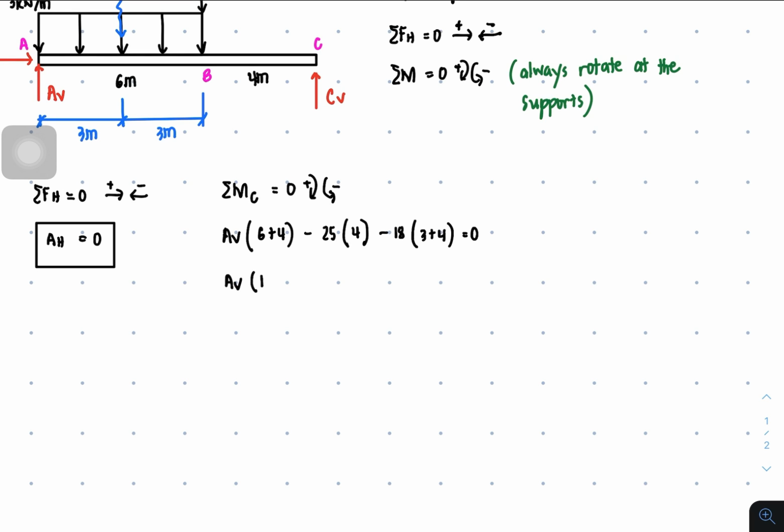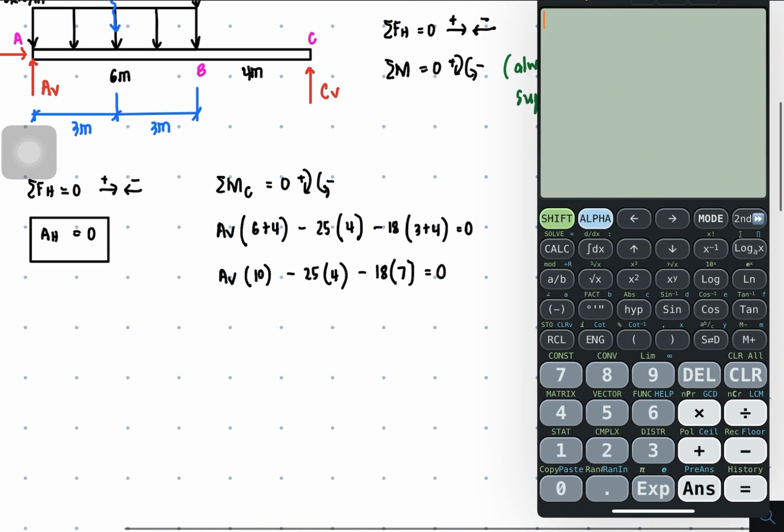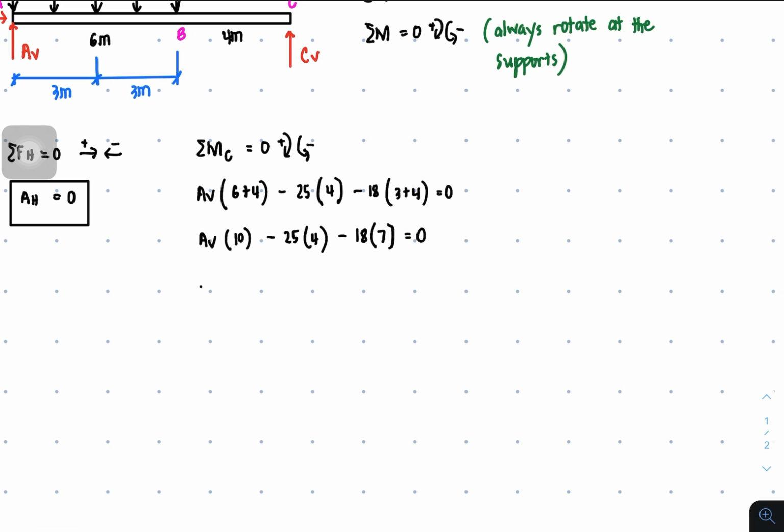This is AV times 10 minus 25 times 4 minus 18 times 7 equal to 0. Let's just transpose this. You have AV times 10 equal to, transposing this to the other side, 25 times 4 plus 18 times 7. Simplifying, let's divide everything by 10, so AV equals 25 times 4 plus 18 times 7 divided by 10.